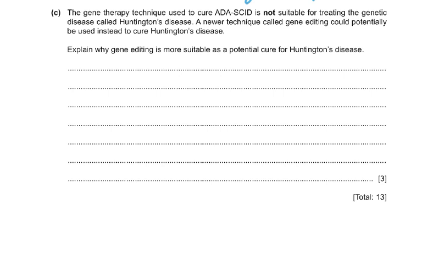HD is caused by a dominant allele, and adding a normal recessive allele would not work. Gene editing will be needed to delete or inactivate the HD or mutant allele or the DNA, because it has surplus CAG repeats.